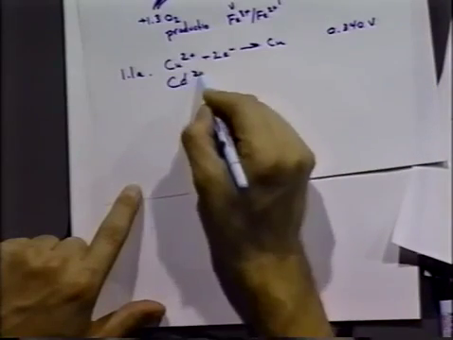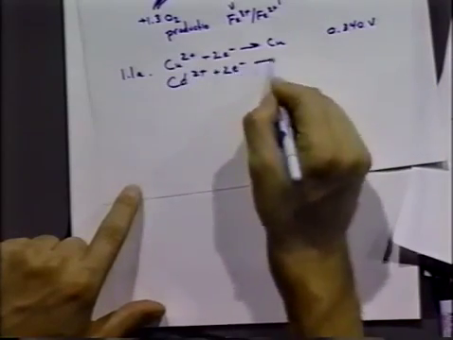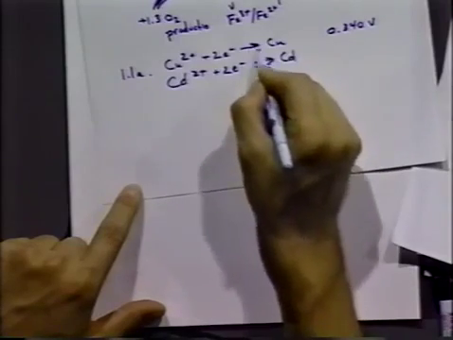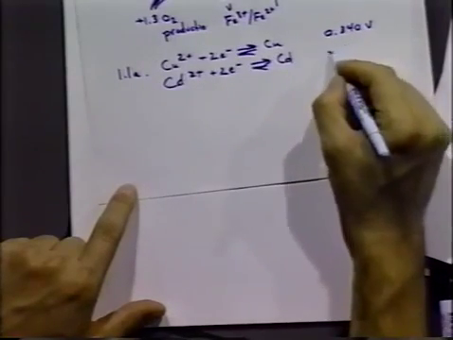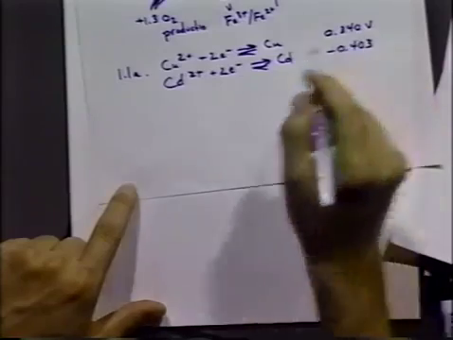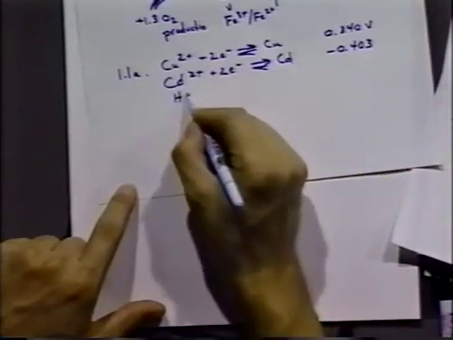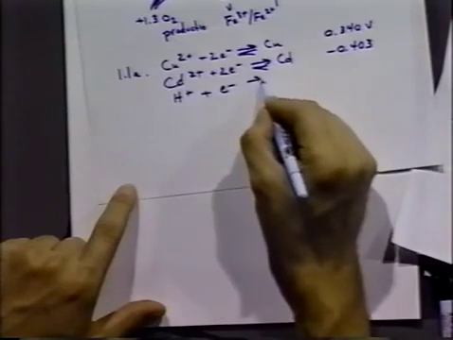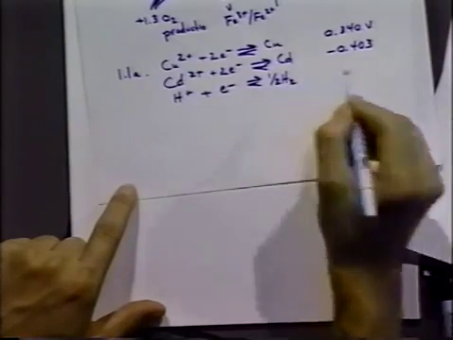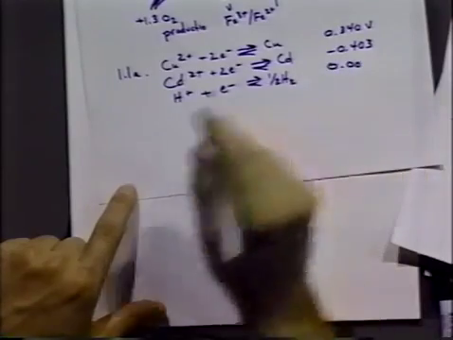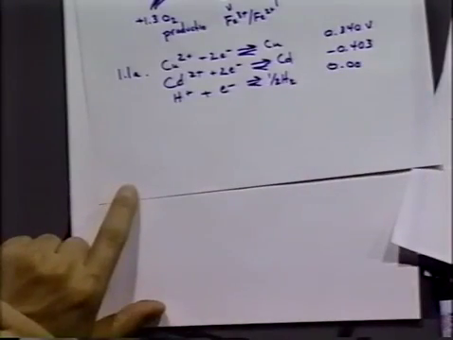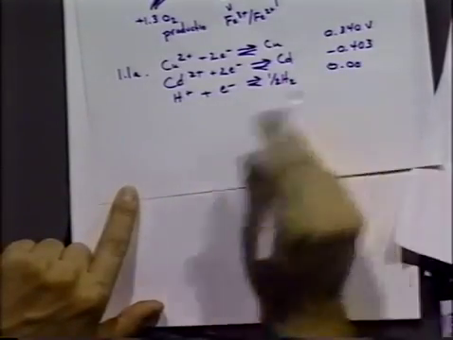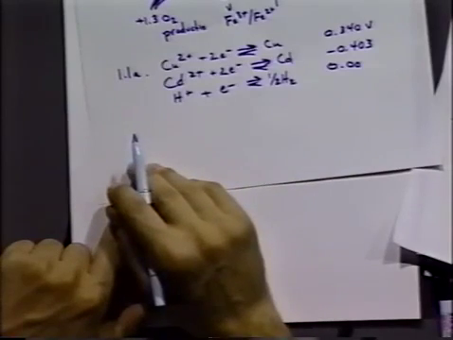Cadmium 2+, plus 2 electrons going to cadmium metal, is minus 0.403. Hydrogen ion plus an electron going to hydrogen gas, 0 volts. Those are the basic ideas.